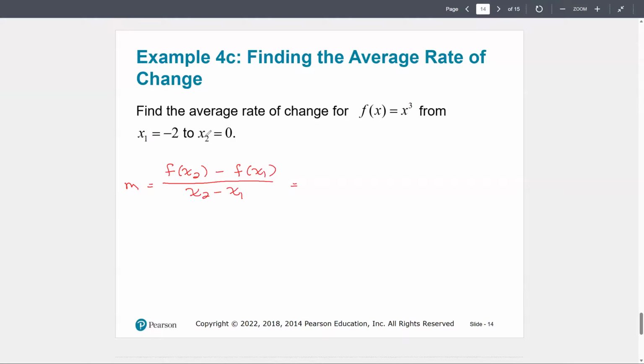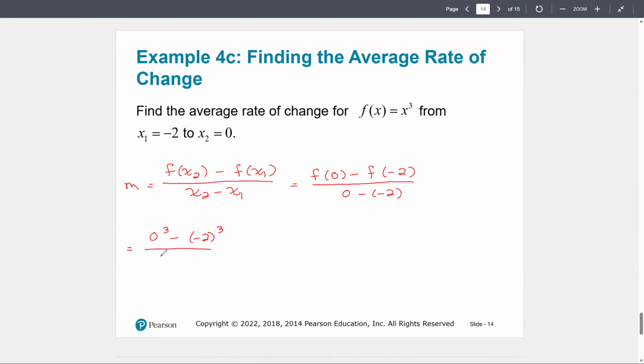So my x2 is 0, so I need to figure out what f(0) is minus f(x1), so f(-2), divided by x2, 0, minus x1, which is -2. So if I go back here, f(0) is just 0 cubed minus, I have f(-2), so that's going to be -2 cubed.